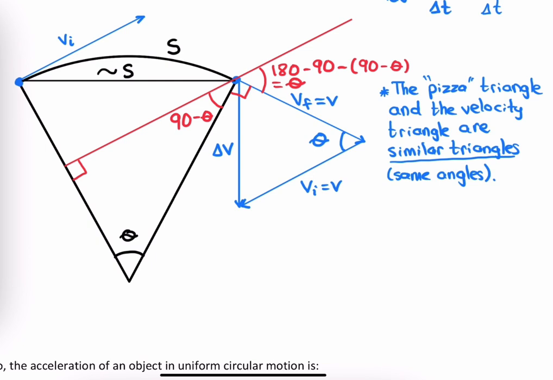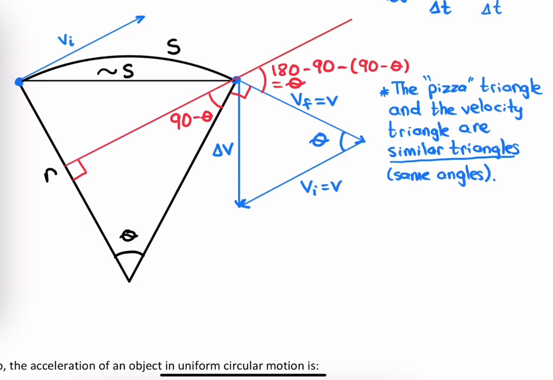So I can say that the ratio, because again we have similar triangles, the ratio of this to this is the same as the ratio of this to this. And remember, this side is just r, the radius of the circle.